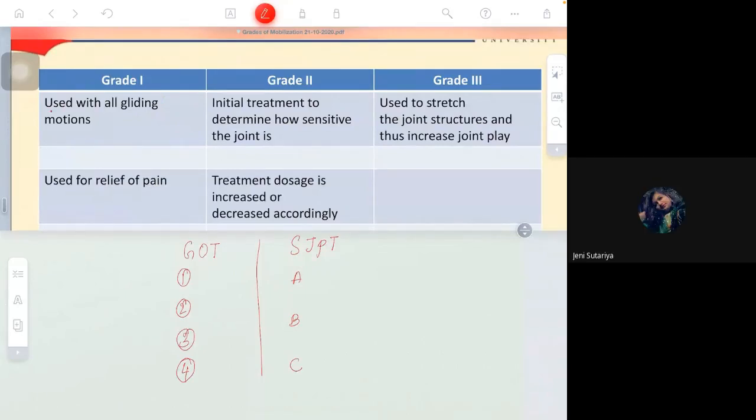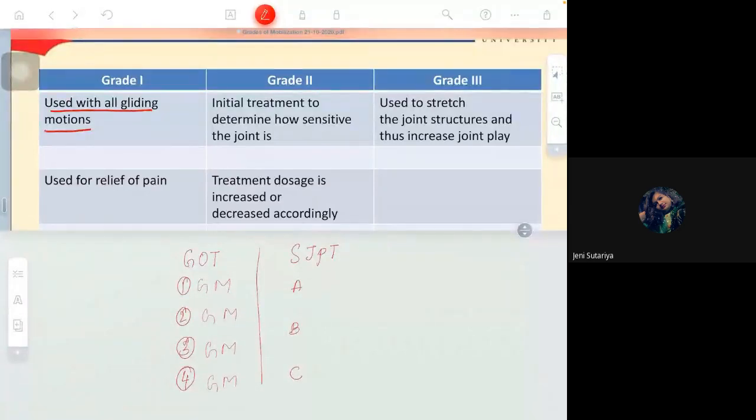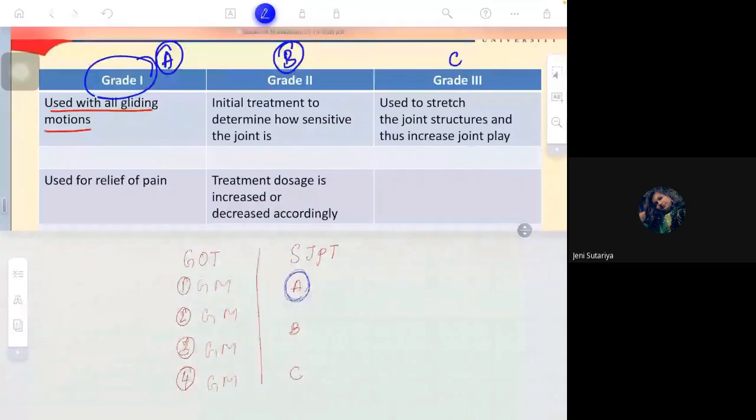Used with all gliding motion. So this is gliding motion: gliding motion 1, gliding motion 2, gliding motion 3, gliding motion 4. So this is grade 1, this is A, this is B, and this is C. I had given another terminology. So grade 1 is used with all gliding motion.